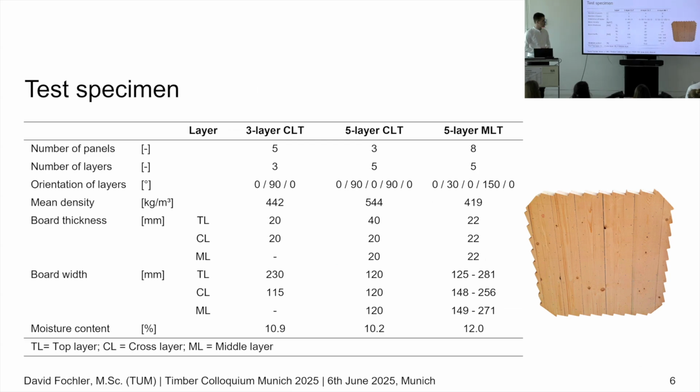And to check the full abilities of the frame and of the notches, we used 8 specimens of mechanically laminated timber. And these even had 2 diagonal-oriented layers. It's here in the table. One had 30 degrees and one had 150 degrees angled to the top layer.